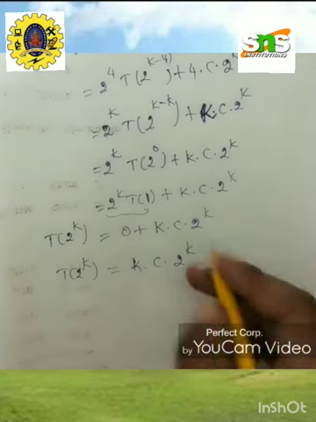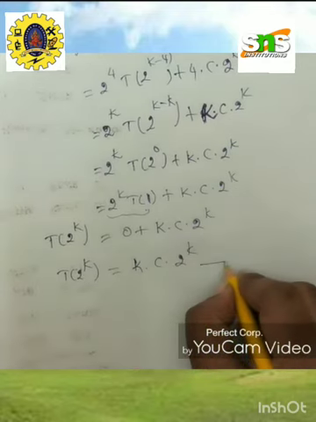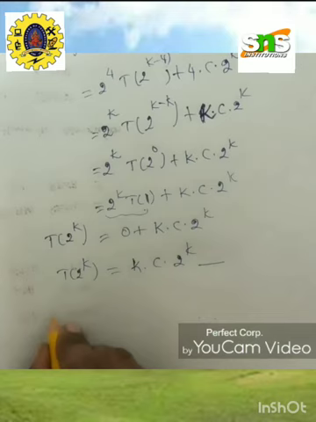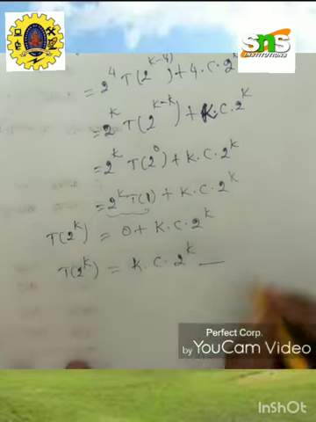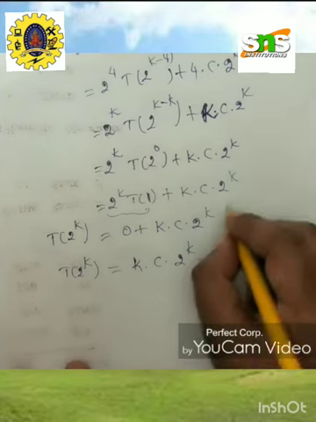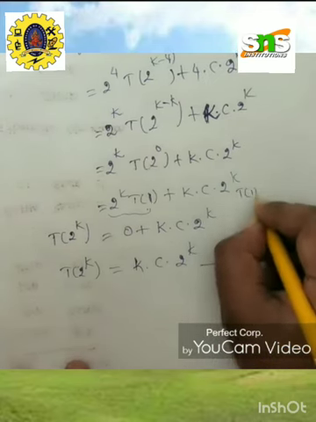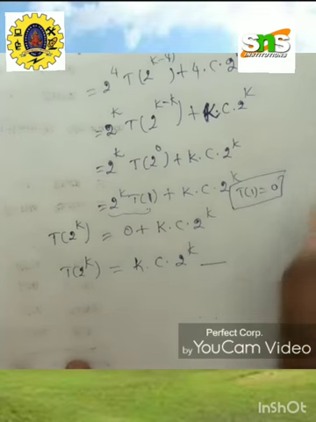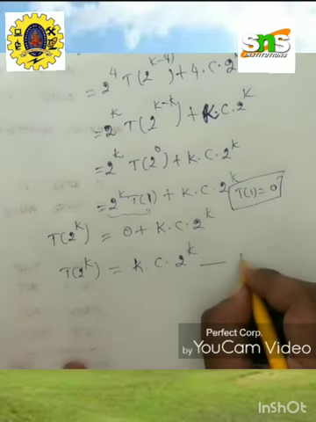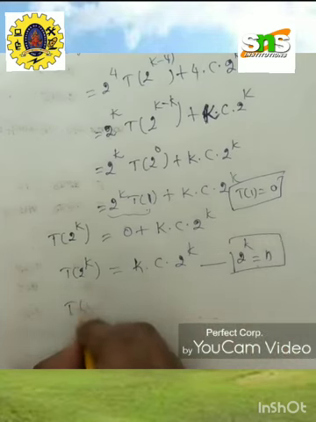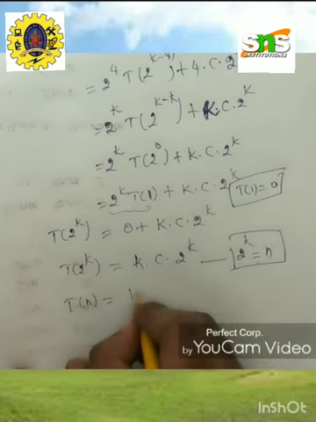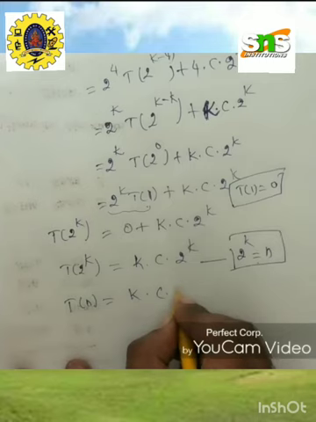From this we can prove the time complexity, so we can define this equation. We take 2 power k equal to n here, for your reference T of 1 equals 0. You can change like this: T of n is equal to k dot c dot n.